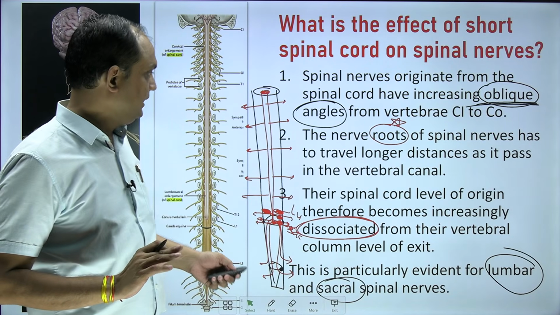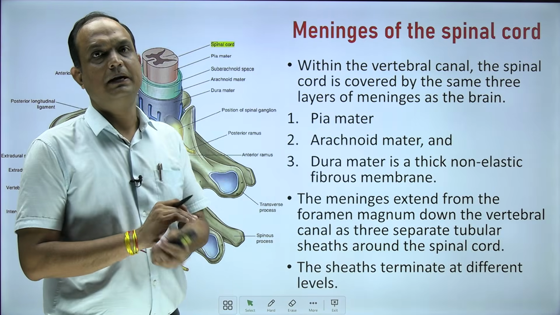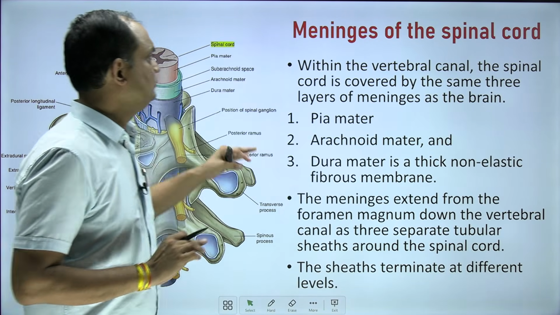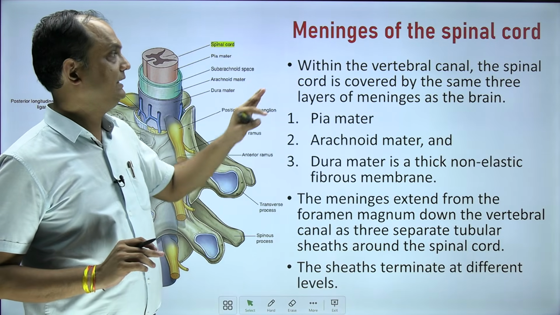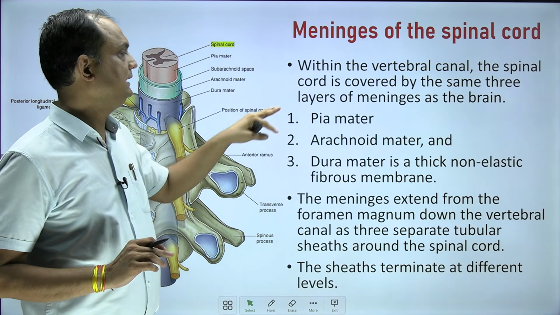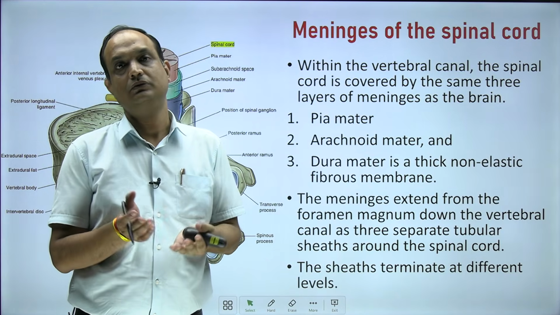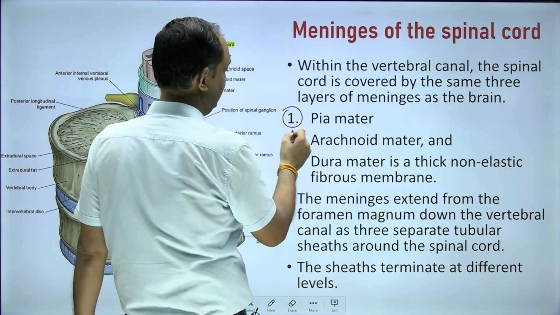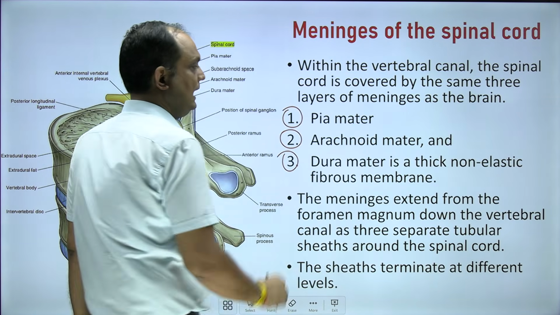Clear? Now the next part is the meninges of the spinal cord. Within the vertebral canal, the spinal cord is covered by 3 layers of meninges, as around the brain. From inside to outside, the innermost is pia mater, then arachnoid mater and dura mater.